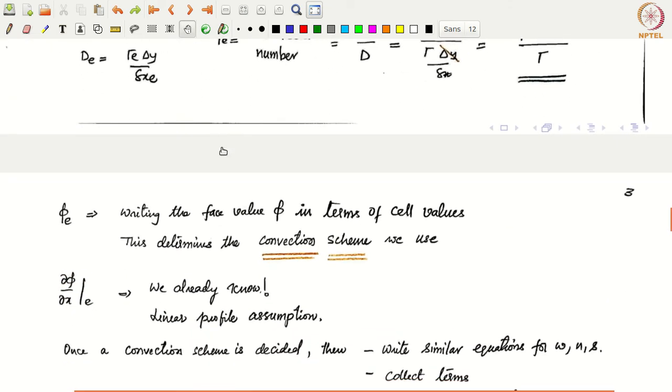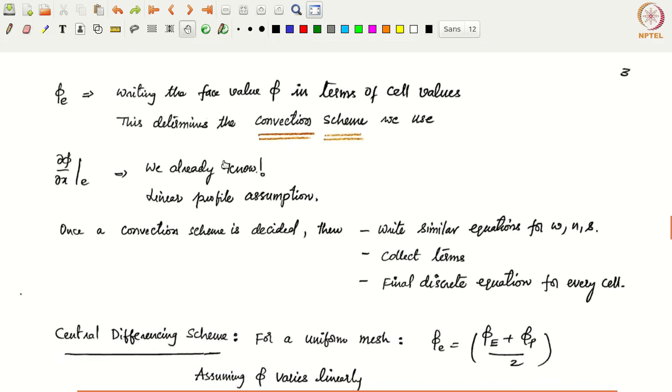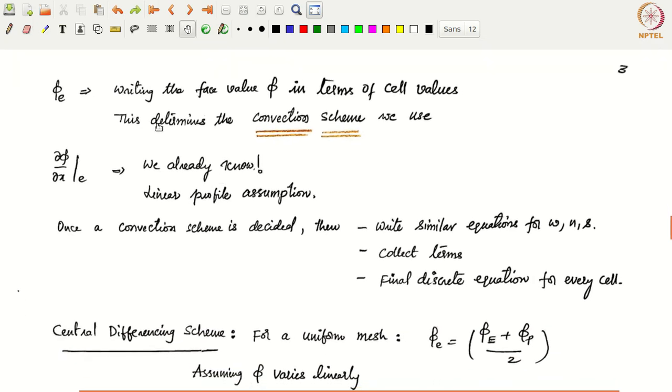Now for phi E, we need to write the face value in terms of the cell centroid values, which is where we have phi stored. How we write this determines the convection scheme.